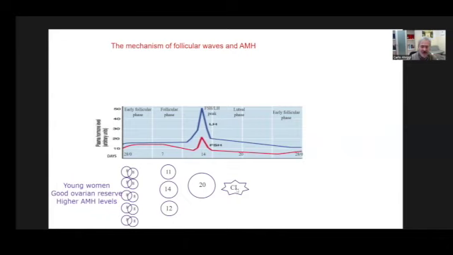If in these young patients where the AMH is very high, we perform scanning on day 12, for instance here, soon after, in the week after ovulation, we will find that all the new wave of class 5 follicles is there.